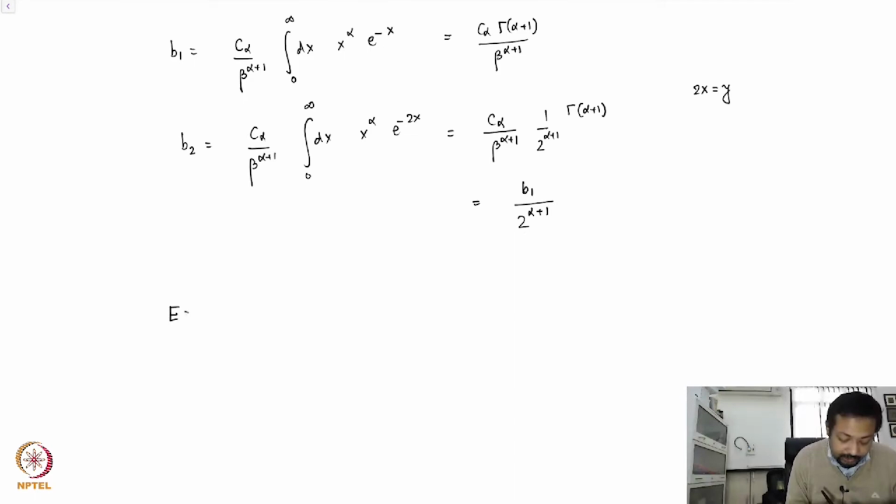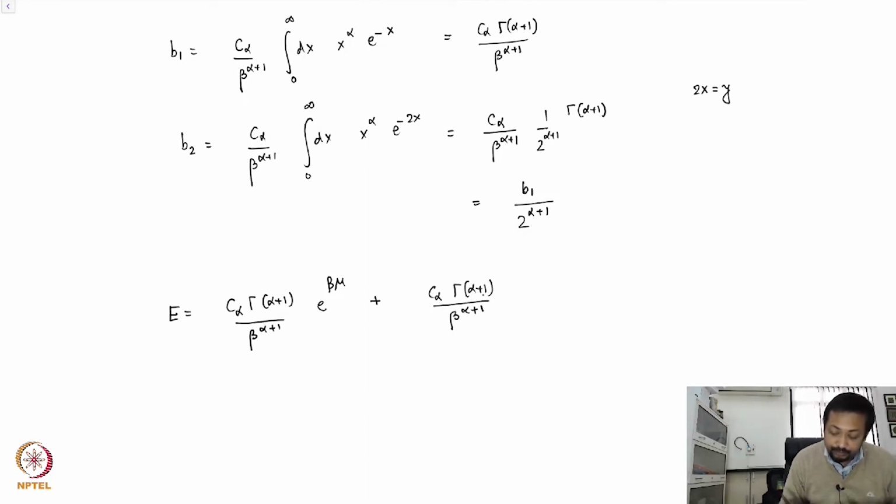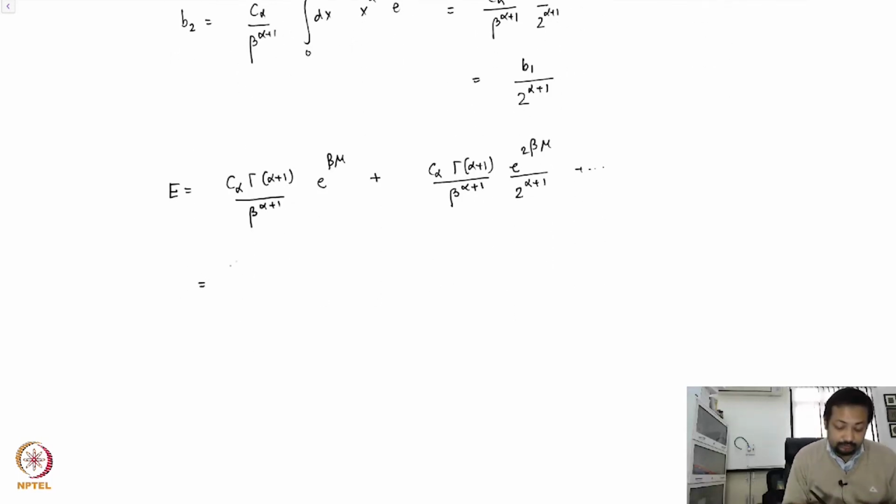So the average energy now is going to be, let's say, c_α Γ(α+1) divided by β^{α+1} e^{βμ} plus c_α Γ(α+1) over β^{α+1} e^{2βμ} divided by 2^{α+1}, plus higher order terms, which is c_α Γ(α+1) divided by β^{α+1}.